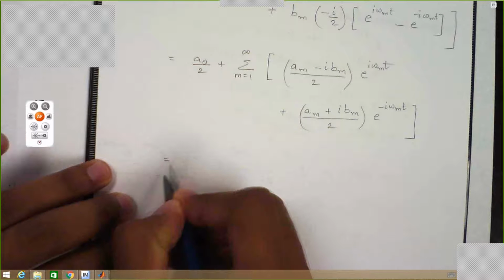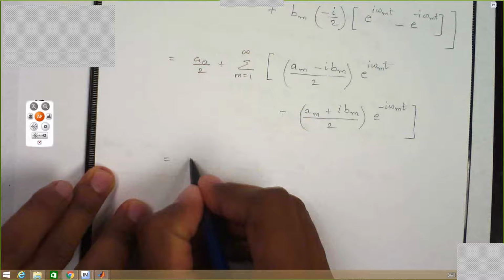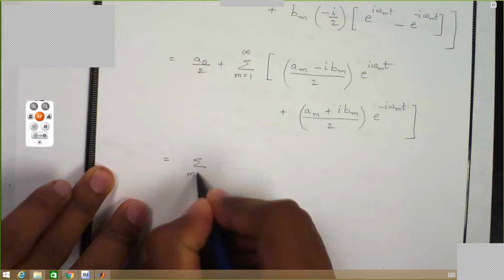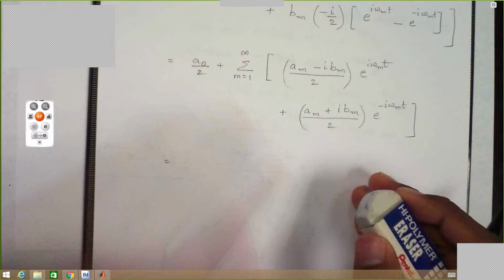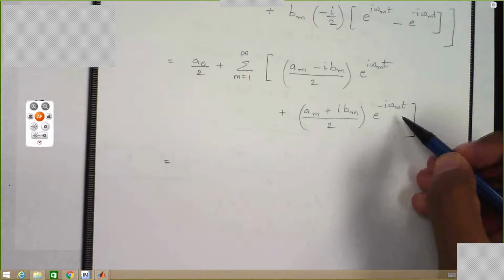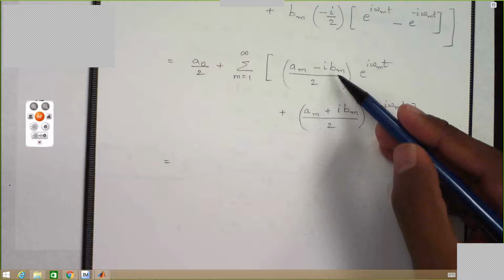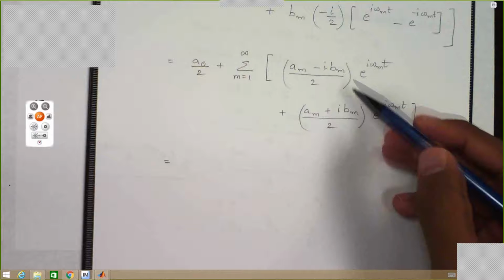We can further write this as a summation. You can see that if I substitute m as minus m, we're basically getting a conjugate of the complex number.